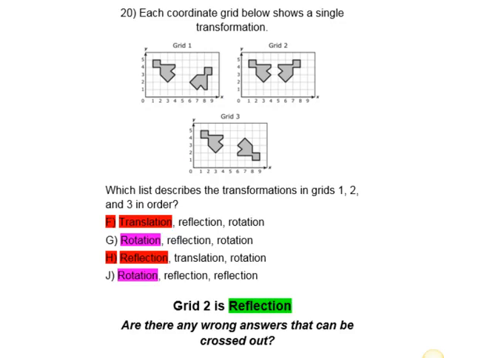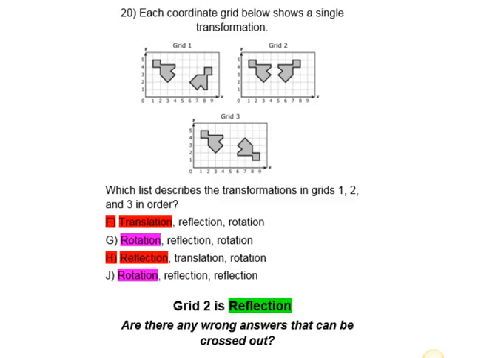Now, based on those answer choices, let's immediately see if there's anything we can cross out. Looking at the answer choices, we see that we have G and J. They both said that grid 1 was rotation, and that's correct. Now, looking at the second answer choice, reflection, are there any answers we can cross out for G or J?